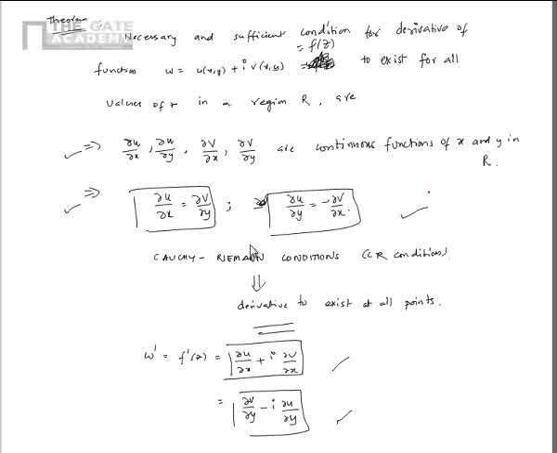So it has to satisfy CR conditions, and once it does, the derivative w dash or f dash z can be written in this way. It's like just differentiating with respect to x.